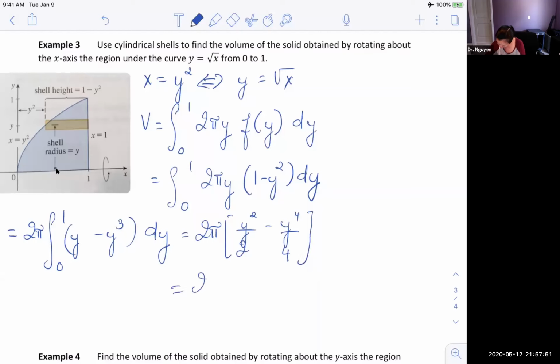So we have 2 pi times 1/2 minus 1/4, which is 1/4, and you multiply by 2, you get 1/2 times pi. So that's pi over 2.